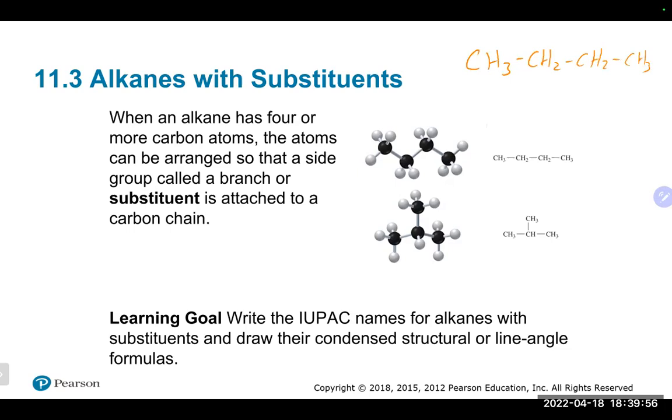Here we have CH3, CH, CH3, and a CH3 this way. Top guy has 1, 2, 3, 4 carbons and 10 hydrogens. Bottom guy has 1, 2, 3, 4 carbons and 10 hydrogens. They both have exactly the same molecular formula.